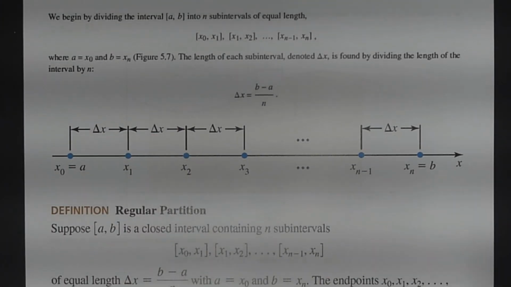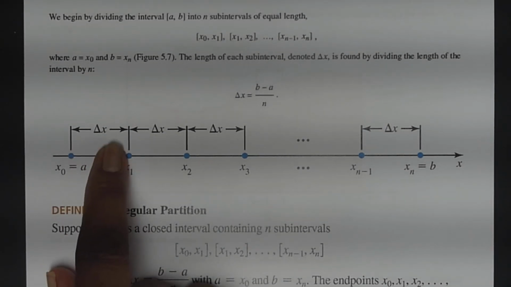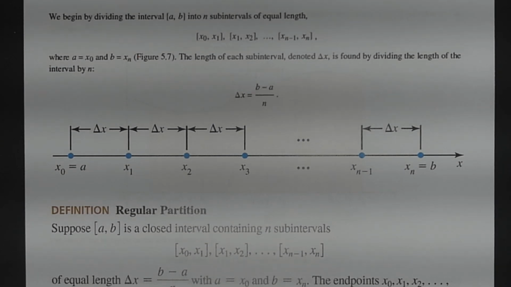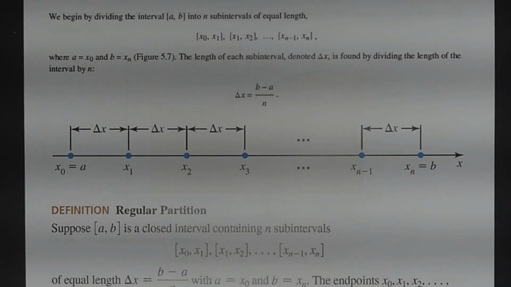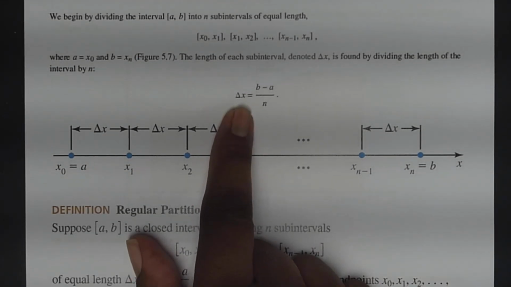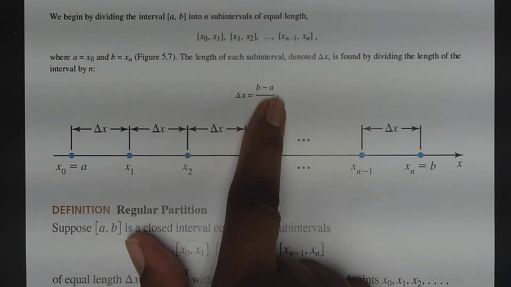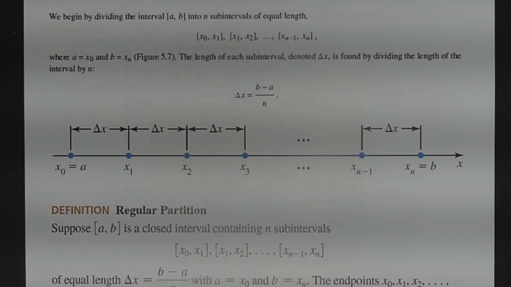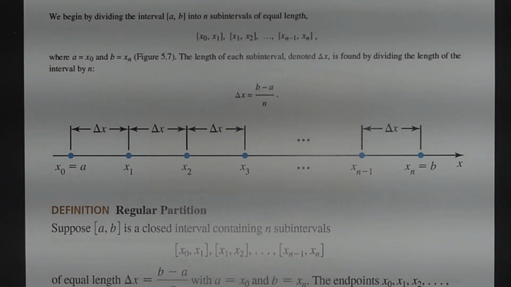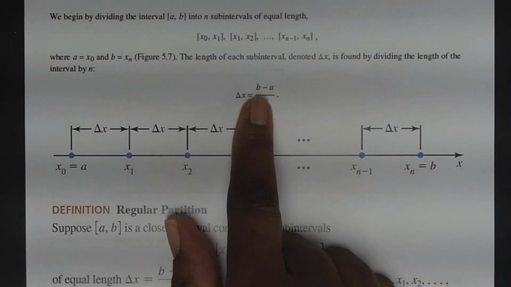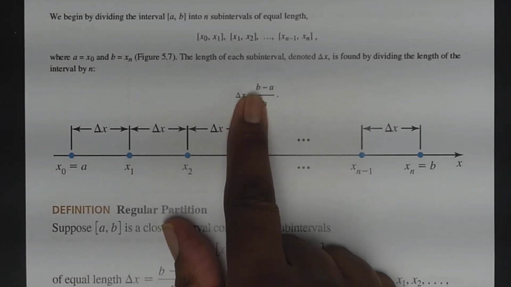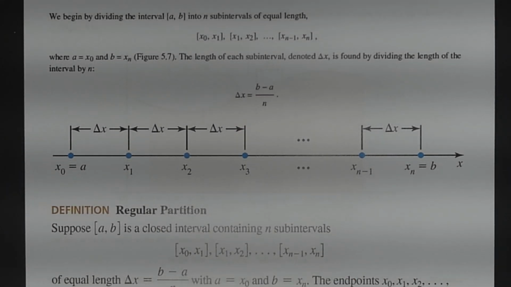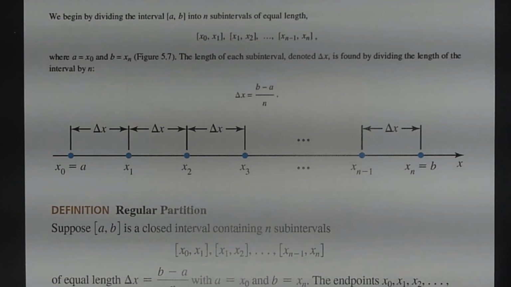The way we find the length of each individual subinterval, denoted by delta x, is by calculating b minus a divided by n. N, of course, is the number of subintervals that we'll use. Your endpoints are a to b, so your upper endpoint minus the lower endpoint, b minus a, divided by n, will give you delta x.